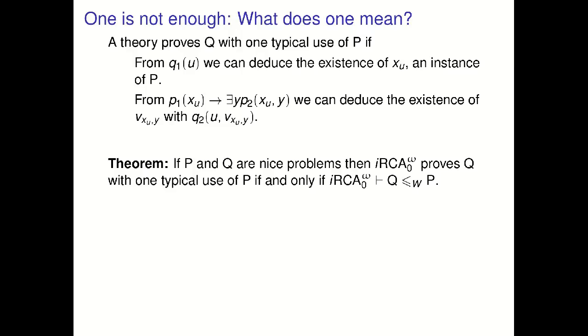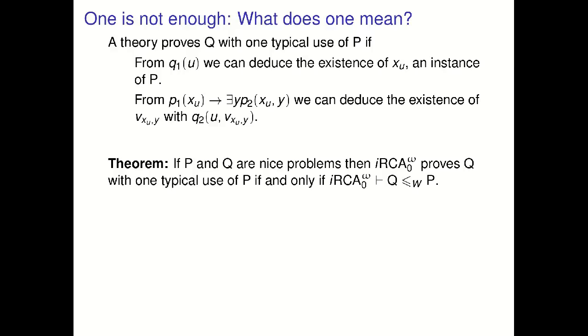We're going to say that we can prove Q with one typical use of P. And that means that if we have a problem here that's one of the Q problems, then I have some way of constructing a term that represents a P problem, where if I have a solution of that P problem, then I can find another term that's a solution of the Q problem, right?